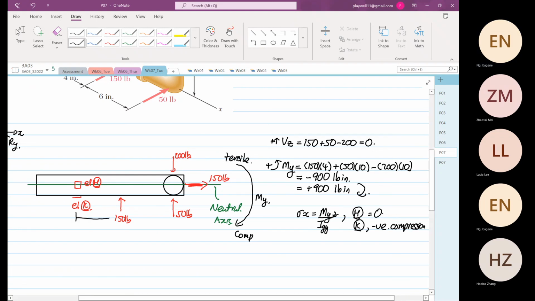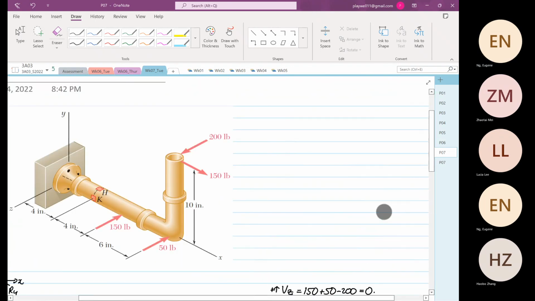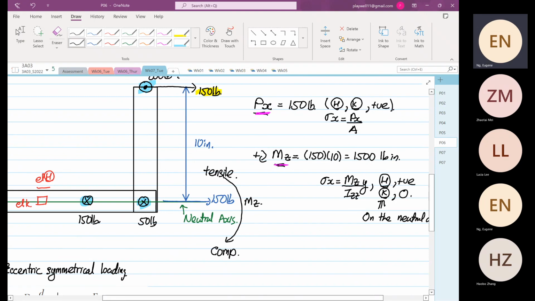Can you see that? So this is our distance of 4. From here to here, our distance is 6. Now, in the previous calculation, the moment Mz is towards the what?